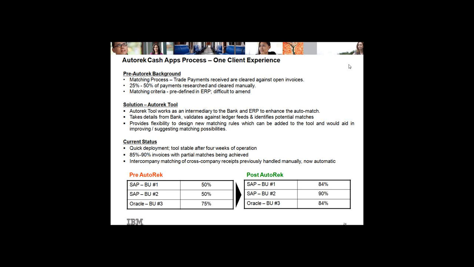The other point that I would raise is the last bullet point under current status. There were elements that we hadn't initially considered using AutoRec for, but there was an intercompany process that we then deployed AutoRec to handle, and that process, when we took it over, was entirely manual, and it is now entirely automatic.